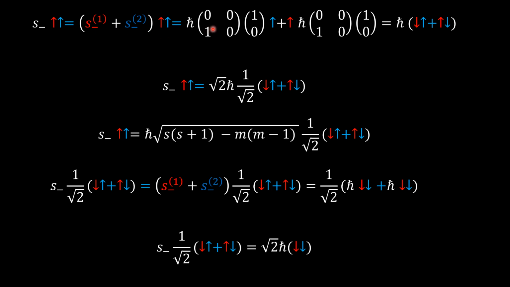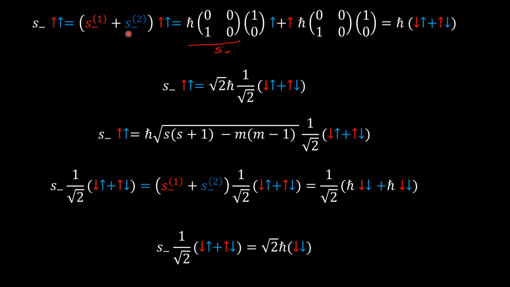Naturally it will become h cross, that is the S minus matrix. This lowering matrix S minus will act on the spin up state 1 0. Then what will happen if it acts on the proton? Nothing. It cannot act on the proton because this is the electron operator. So I am keeping the proton as it is.